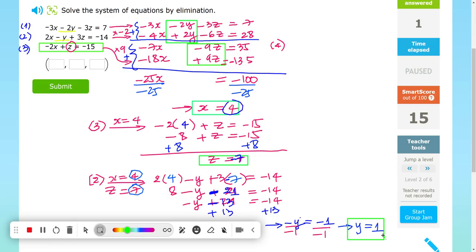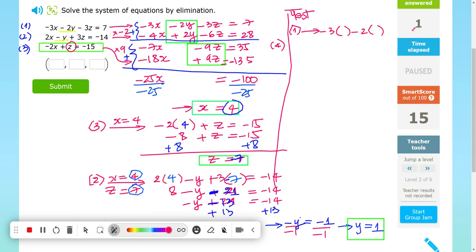So I come out x, y, z, done. Now we should do the testing and hopefully they are correct. Testing. Equation number 1, subtract 3x, subtract 2y, subtract 3z equals 7.